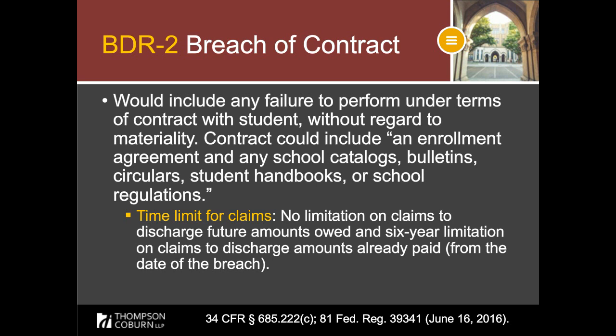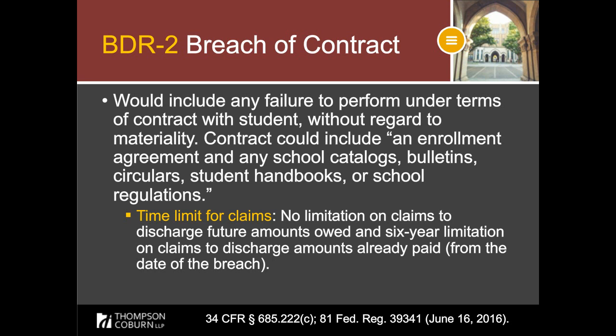And the prior administration, when they promulgated this rule, indicated in the preamble that a contract could include an enrollment agreement, any school catalogs, bulletins, circulars, student handbooks, or school regulations. So for my private nonprofit friends on the line who don't use an enrollment agreement, I want to be really clear, the prior administration was not limiting this idea to the breach of an enrollment agreement, which is more common among career schools.